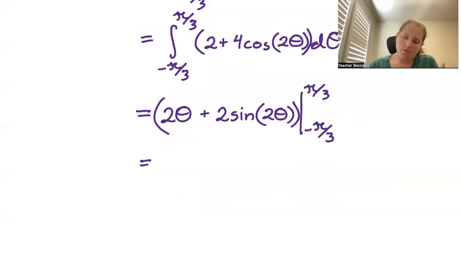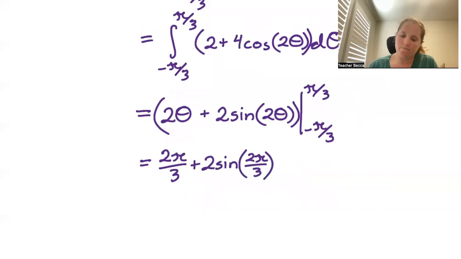So this becomes 2 pi over 3 plus 2 times sine of 2 pi over 3. Then we are subtracting off negative 2 pi over 3, then plus a 2 sine of negative 2 pi over 3.